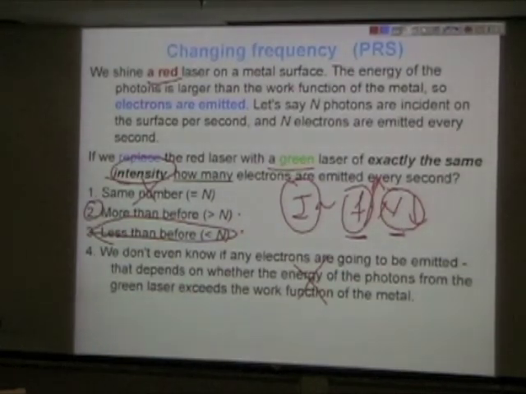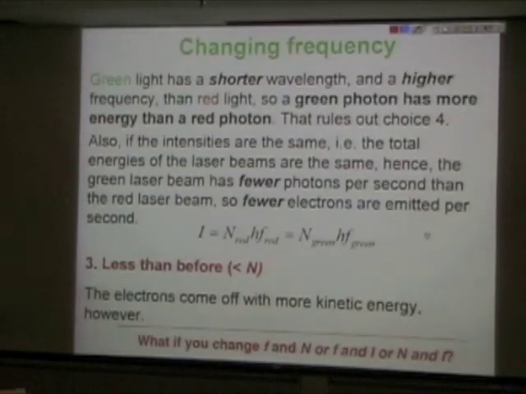If we combine two pieces of information, in this problem, information number 1, what is happening to intensity, and information number 2, what's happening to frequency, that gives the way to figure out what's happening to the number of photons. All right.